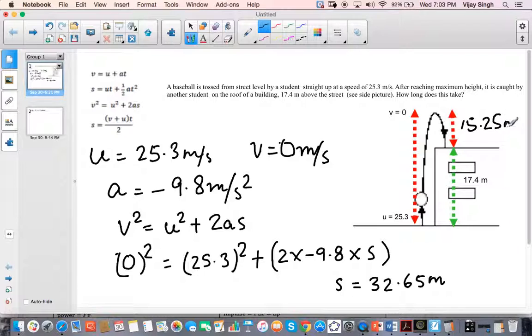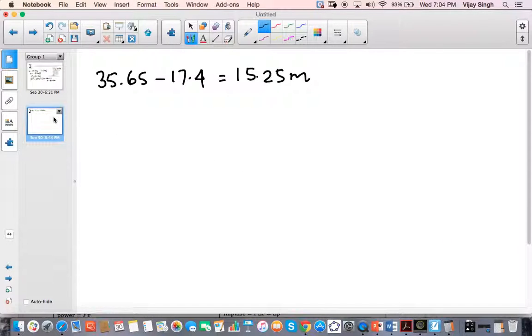Now we also need to calculate the time it takes to move from the launch point to the highest point. Here again the initial velocity is 25.3 meters per second, the final velocity is 0, and the acceleration is 9.8. We could use the formula v equals u plus at.